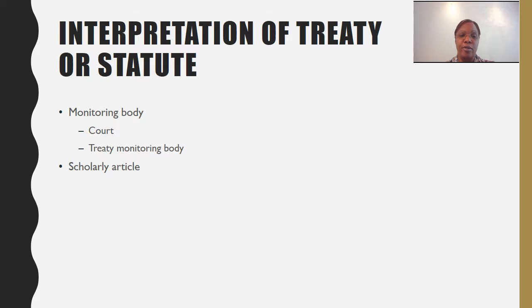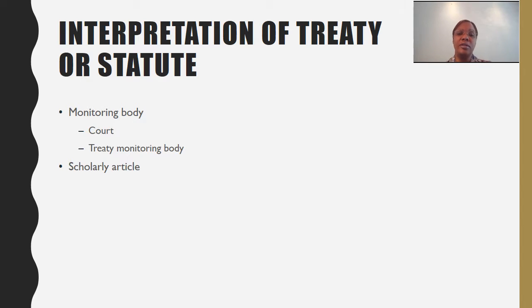Another way, however, that international law treaties are interpreted is through the eyes of a judicial scholar, someone who has expertise in international law that is distinguished in the field and who writes about provisions of treaties or even about how they're interpreted by their interpreting bodies or their courts.